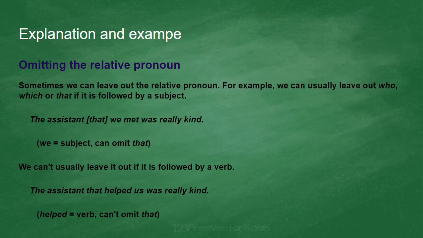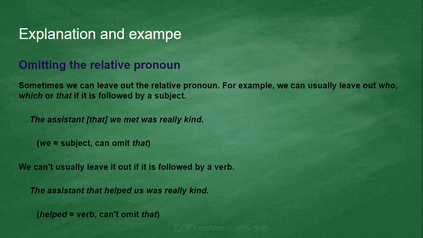Okay, next. Omitting the relative pronoun. Sometimes we can leave out the relative pronoun. For example, we can usually leave out who, which, or that if it is followed by a subject. The assistant we met was really kind.